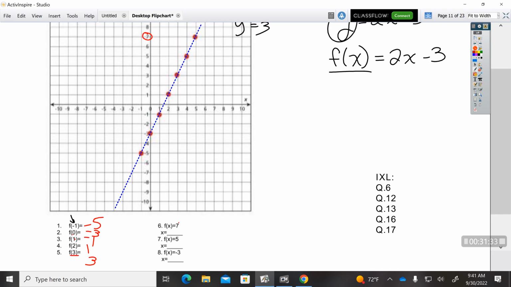Go connect to your line, and what number is associated with that y value? +5. So far, so good? Y 5, connect, it gives me 4. Y 3, connect, it gives me 3. Are you with me so far?